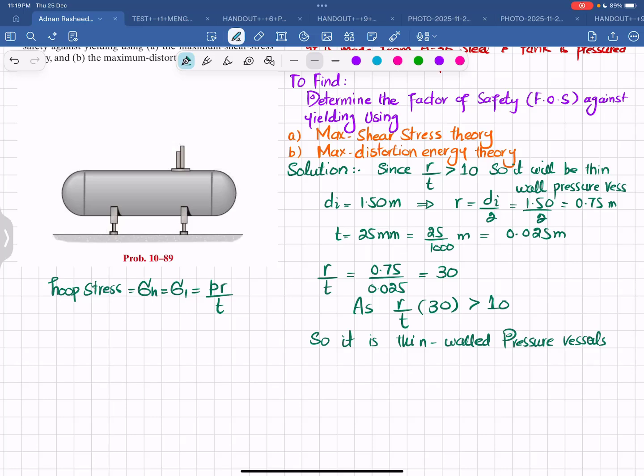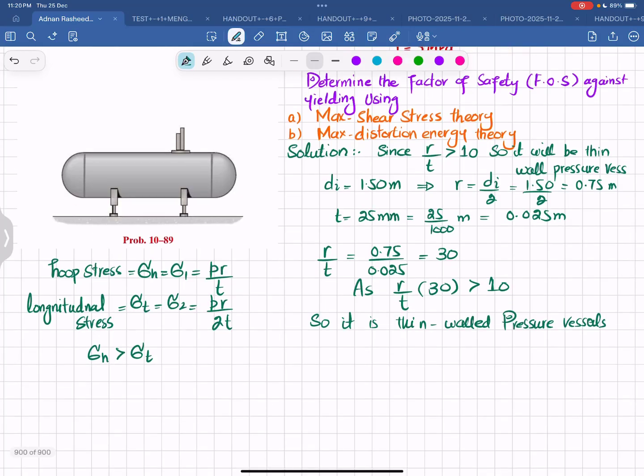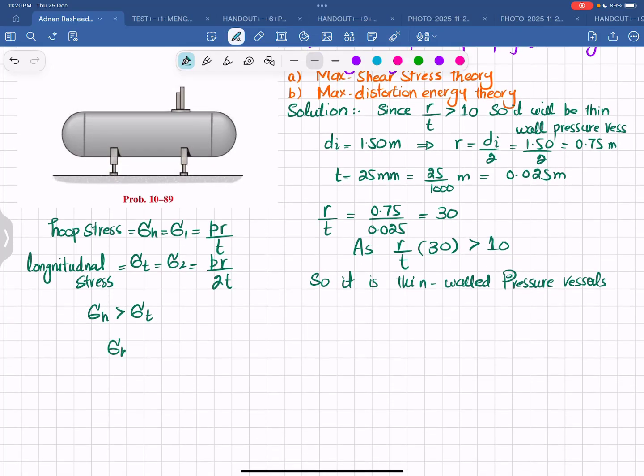And the second stress is the tangential or longitudinal stress, which is represented as sigma t, equal to sigma 2, which is PR divided by 2t. And we know that sigma h is greater than sigma t. Why? Because tangential stress is half of hoop stress.